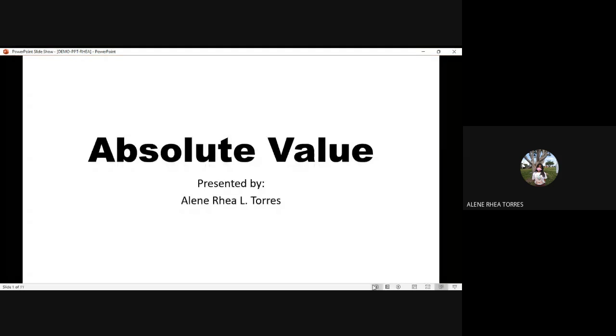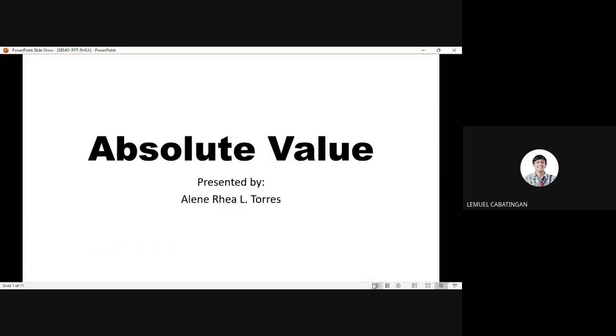Okay. As far as I know, absolute value, or another term, modulus, is all positive integers, or let's say a non-negative value of a specific integer. For example, the absolute value of a specific integer is always positive.